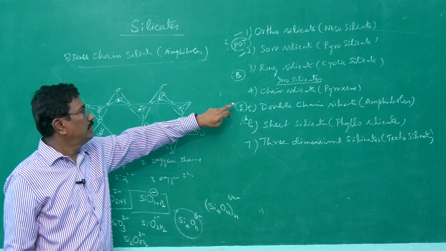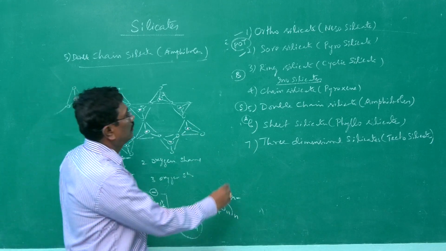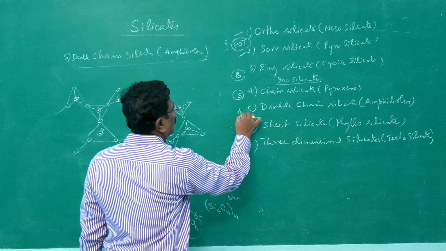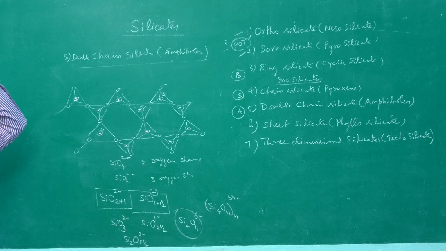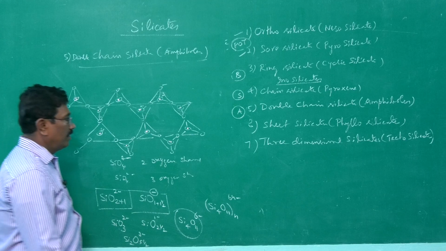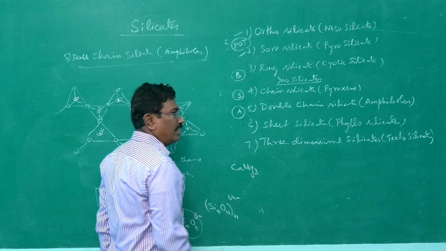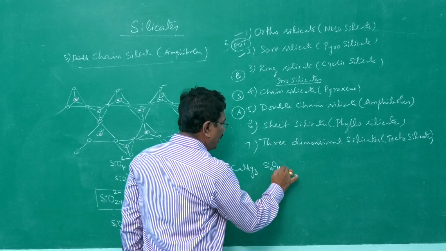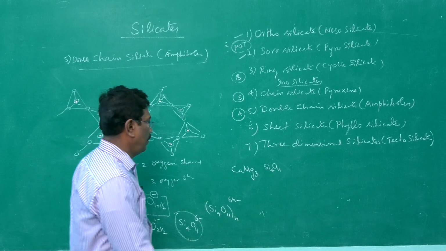The example for chain silicate we have seen. Yes, for double chain silicate, it comes to asbestos. Asbestos is the example. It is made of calcium, magnesium, and then Si4 O11 single unit. What is the charge on single unit? 6 minus.